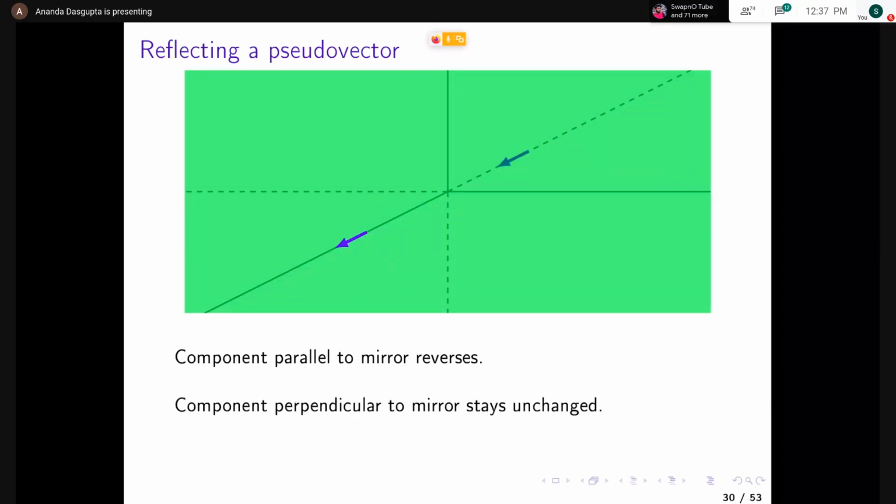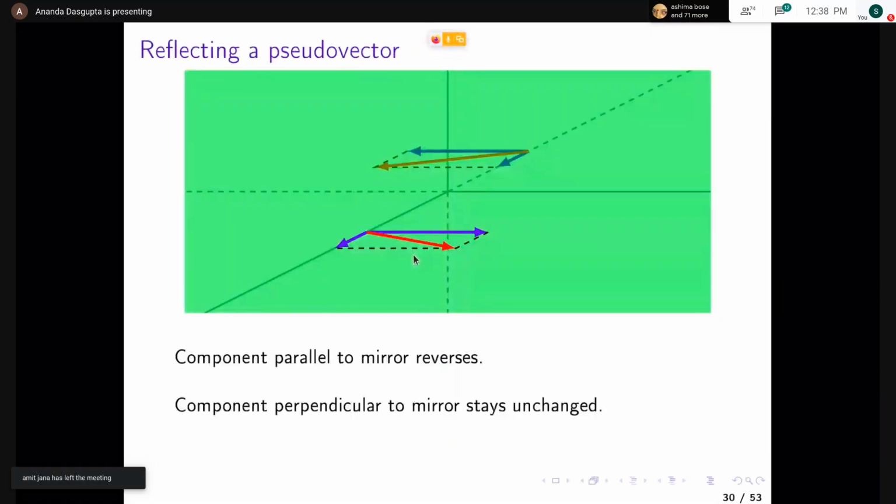This is the behavior of pseudovectors under reflection. Okay, and of course, if you think of both components together, this is how the red vector would reflect into this pseudovector, if this were a pseudovector, not a vector.